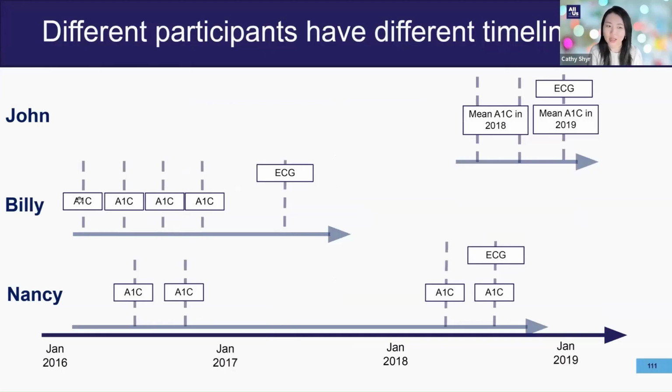And prior to that, he had 4 A1C measurements in 2016. Nancy had her ECG in 2018 and also had a number of A1C measurements before then. So can anyone tell me how many average yearly A1C values does Billy have, given this timeline here?